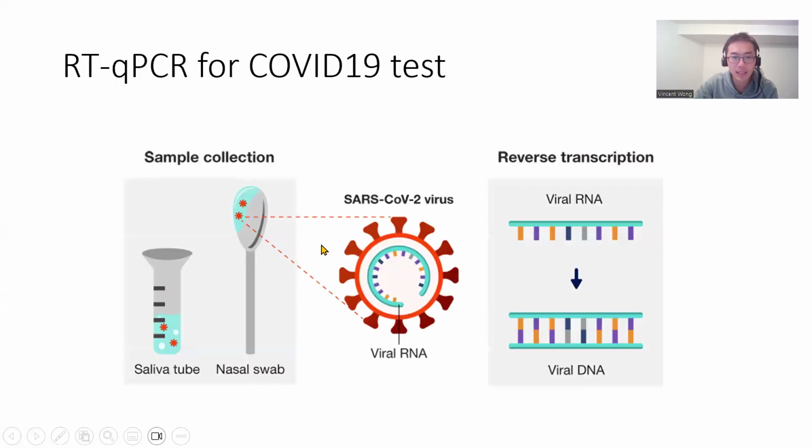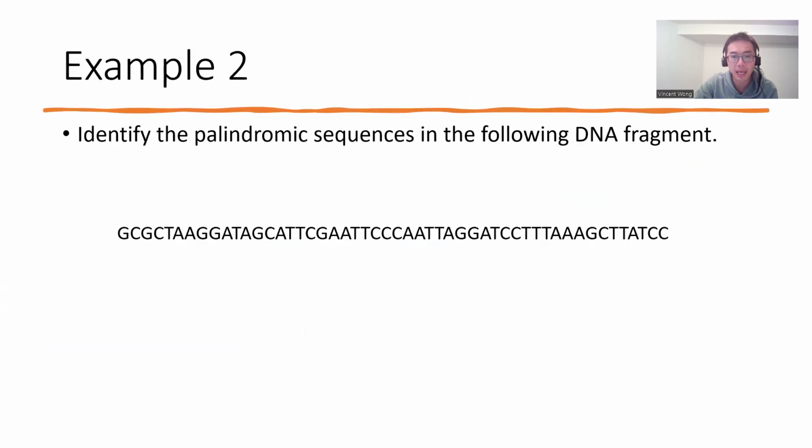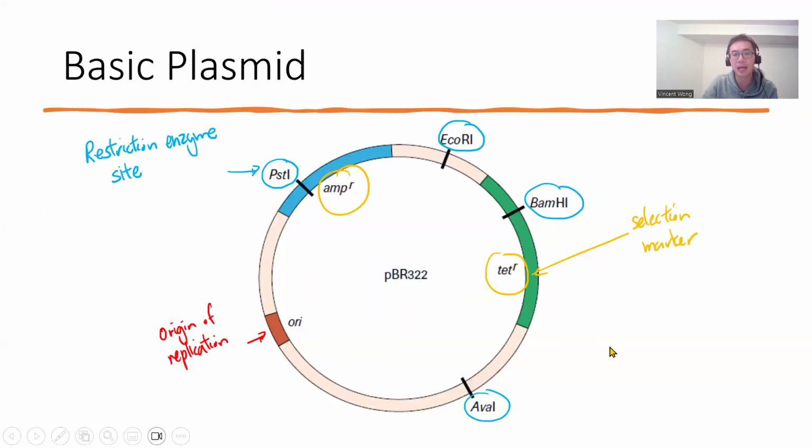In some other cases, you can select them by having an antibiotic resistant gene. So over here, AMPR is ampicillin resistant gene. And then this one is tetracycline resistant gene.